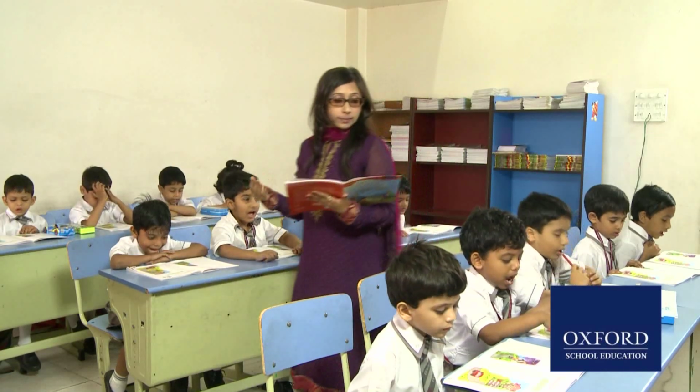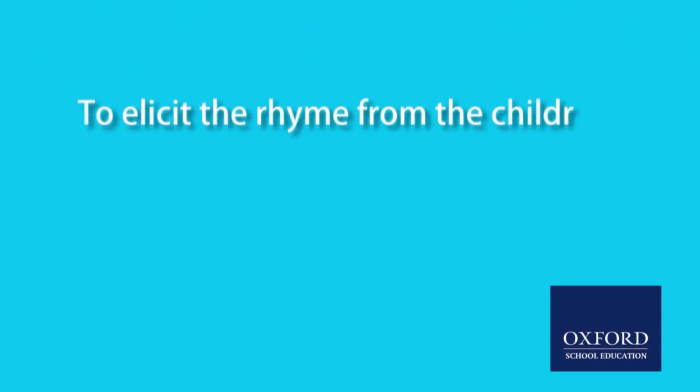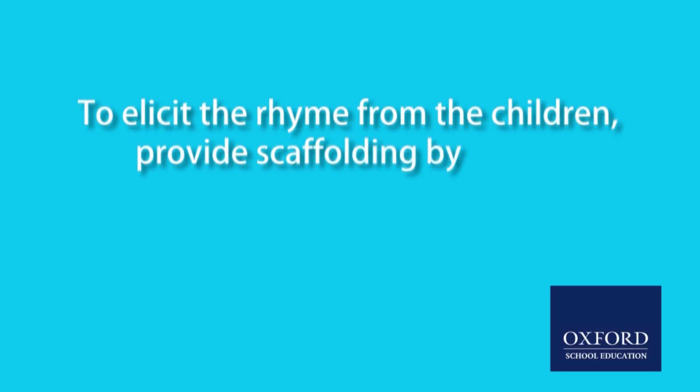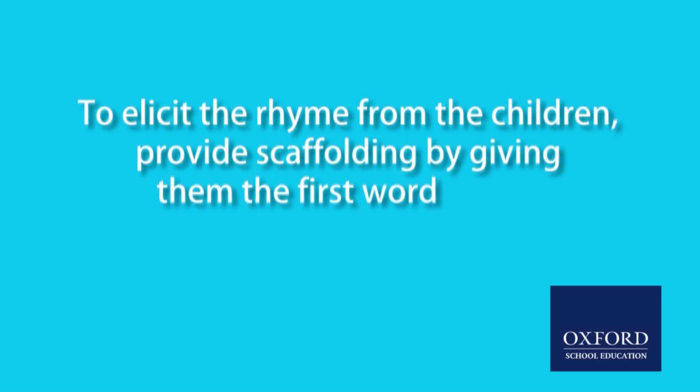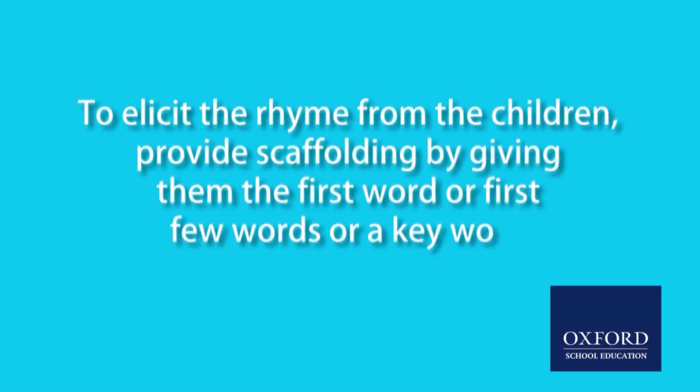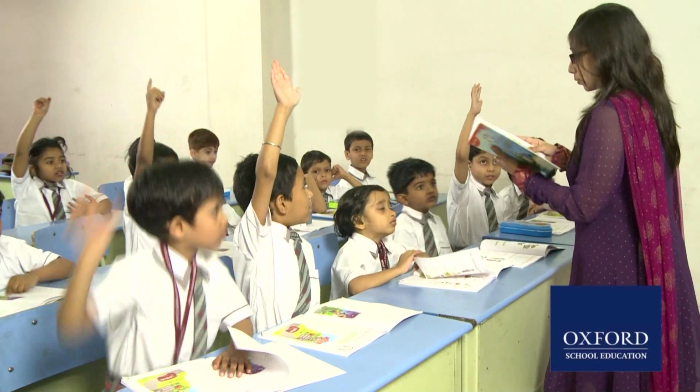There are, of course, sets of questions which accompany the rhyme, but this first stage is very important. When the teacher is trying to elicit the rhyme from the children, she can help them provide scaffolding by giving them the first word or a few key words and ask the children to respond. So, for example, the teacher might begin 5 little and hope that the children can remember monkeys.